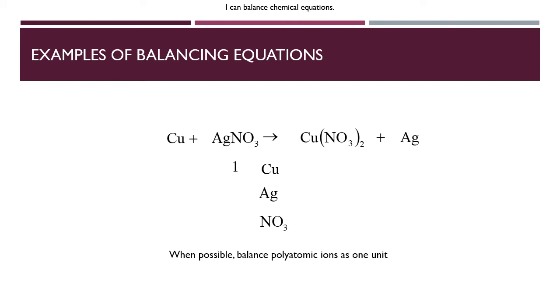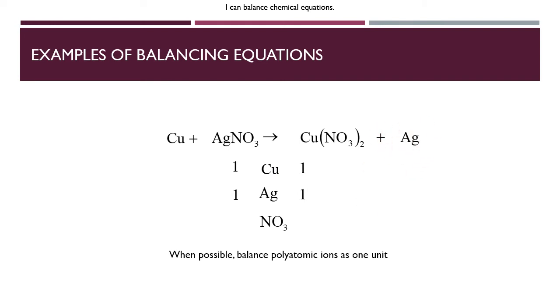So when I count this, I have 1 copper on the left, and I have just 1 on the right. Okay, remember, this 2 here only goes with what's inside the parentheses. That 2 does not apply to the copper, so it's just 1 atom of copper. I have 1 silver atom on the left, and I have the 1 silver atom on the right, because again, no subscript there.